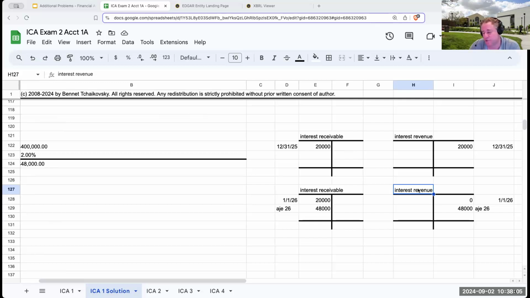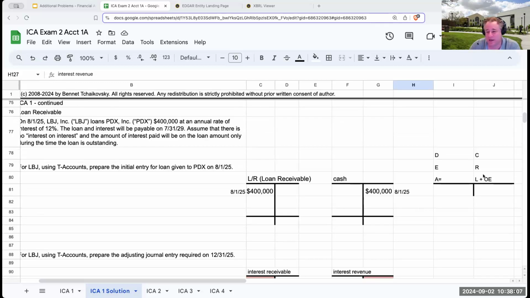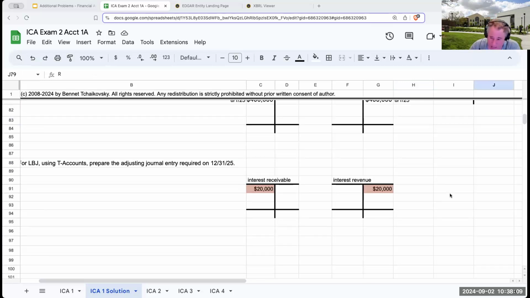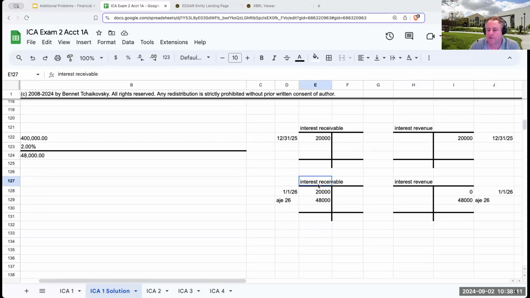Sometimes we see it referred to as interest income, but because it's a revenue, it's going to have a credit balance. Over here, we're debiting interest receivable. It's going to have a debit balance because it's an asset. Just remember that when it comes to adjusting entries for interest, if we have a loan receivable, it's going to be a debit to interest receivable and a credit to interest revenue.